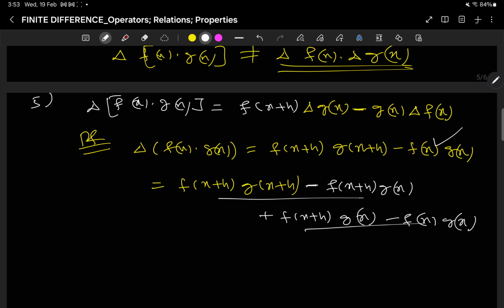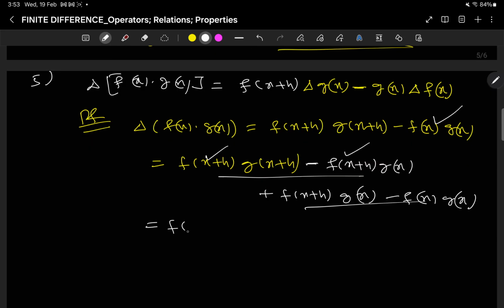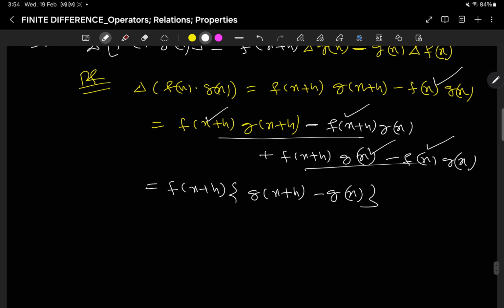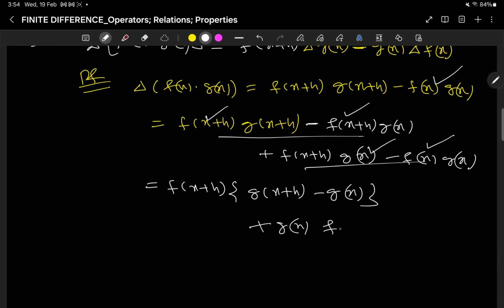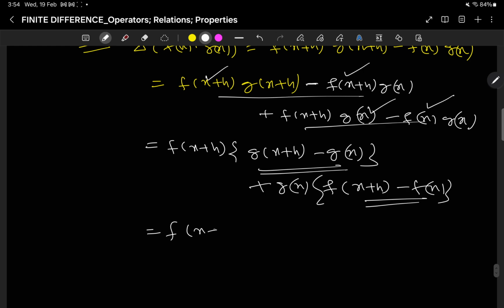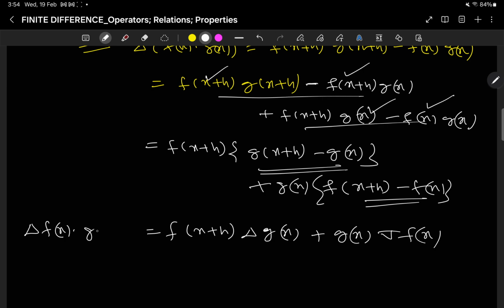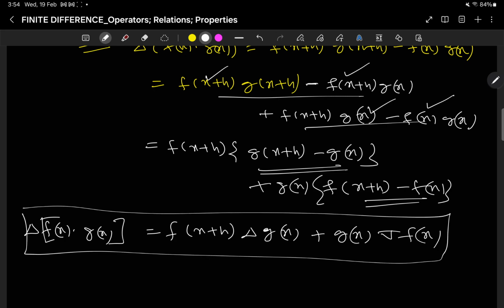Then you combine these two and these two. Taking this common, it is f of x plus h into (g of x plus h minus g x). From these two you take g x common, plus g x taken common, it will be f of x plus h minus f x. Now you see, this is nothing but the forward difference. So this is f of x plus h del g x plus g x del f x. So this is proved. Accordingly, for division we have the following properties.